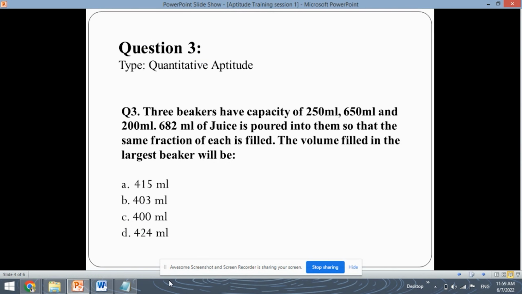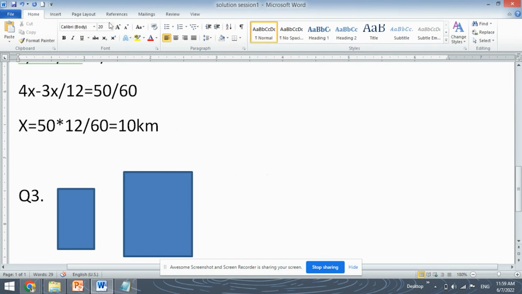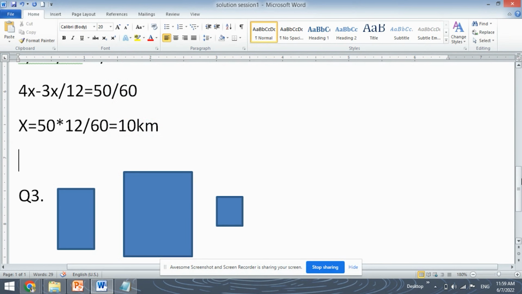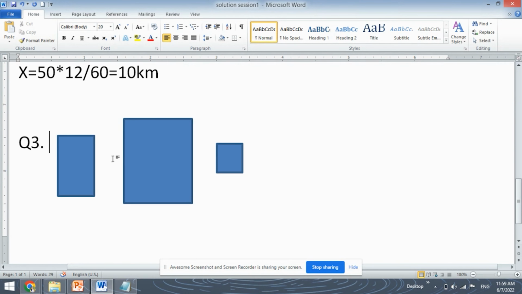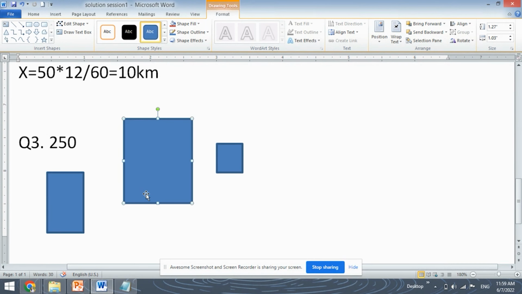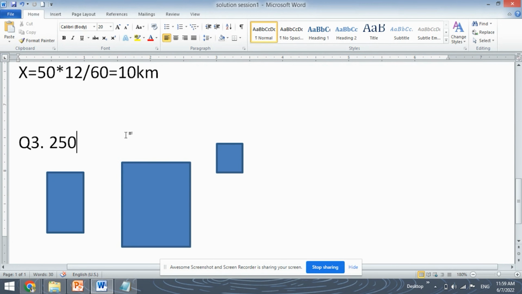And the third beaker is of size 200 ml, the smallest beaker. These are the 3 beakers.